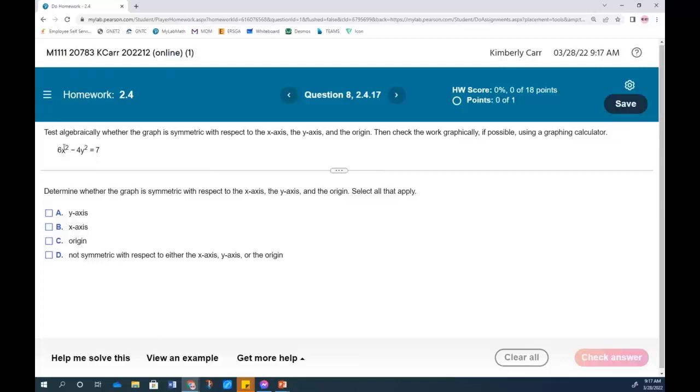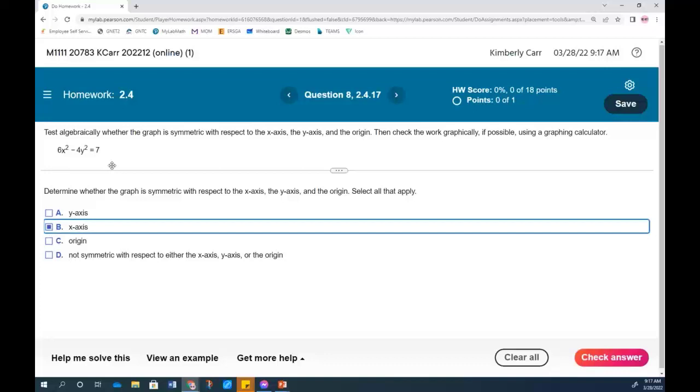But if I plug in negative y first of all to test our x-axis, if I replace this y with a negative y, when I square it, it becomes exactly the same. No other part of this function is affected. So if I test for x-axis symmetry, it does have it. If I want to test y-axis symmetry, I need to plug in negative x, but negative x squared is the exact same thing.